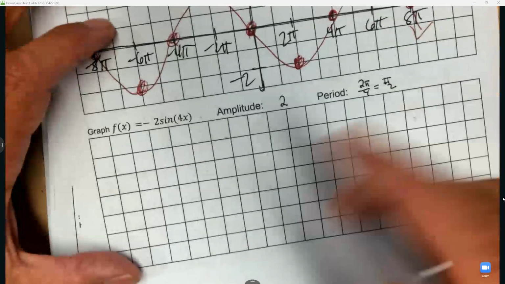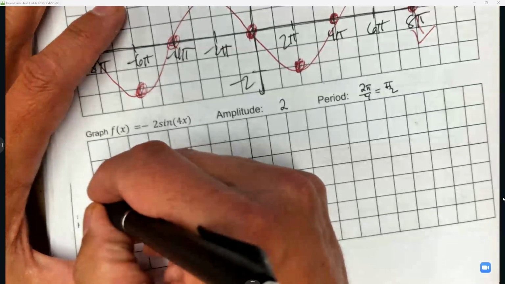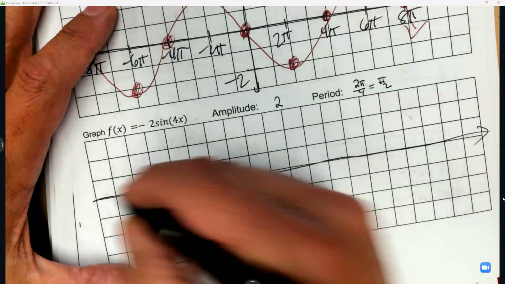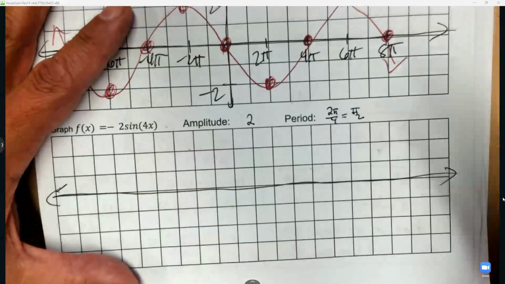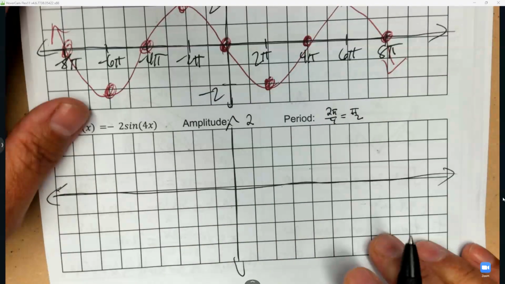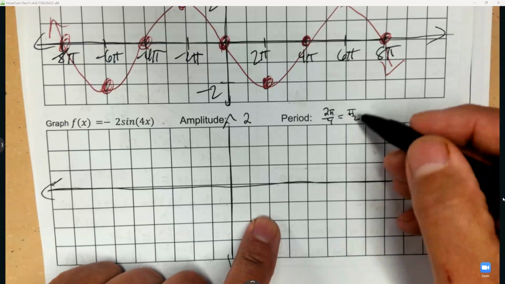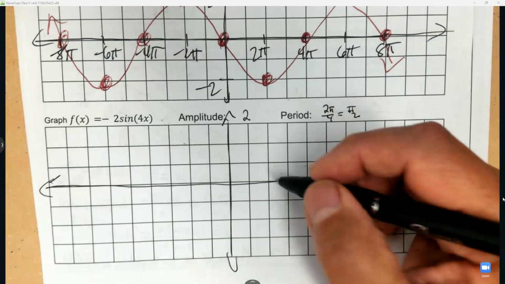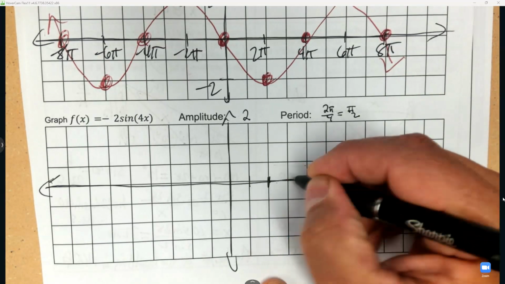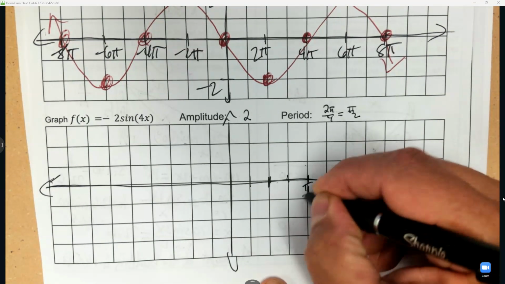So we're going to draw the x and y axes. And then for pi over 2, let's do this. Let's make that pi over 2.